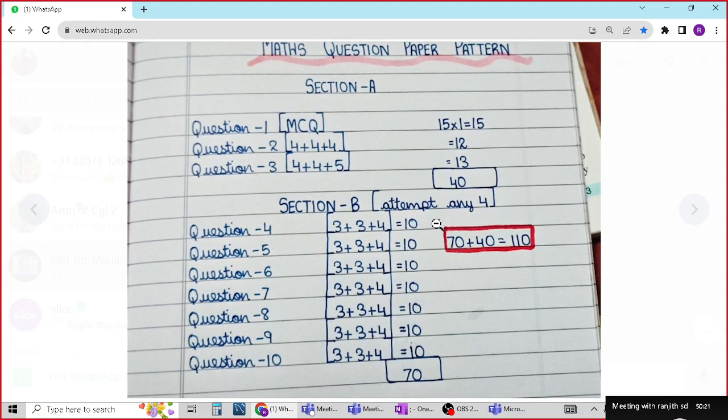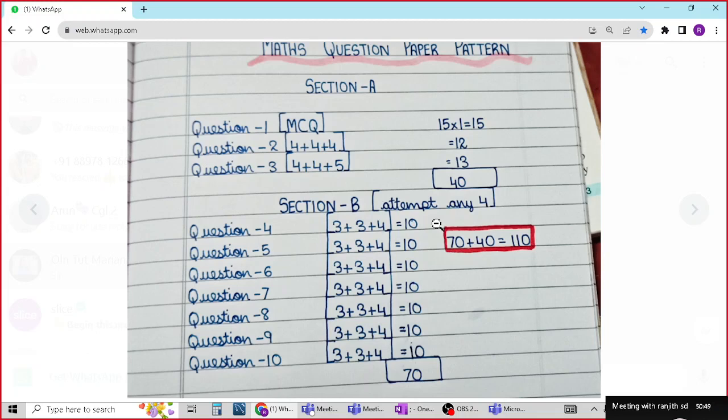Okay, take a screenshot of this, all of you. You'll have this. Sir, I have it. If not, take a screenshot. Okay, MCQ 15 marks.